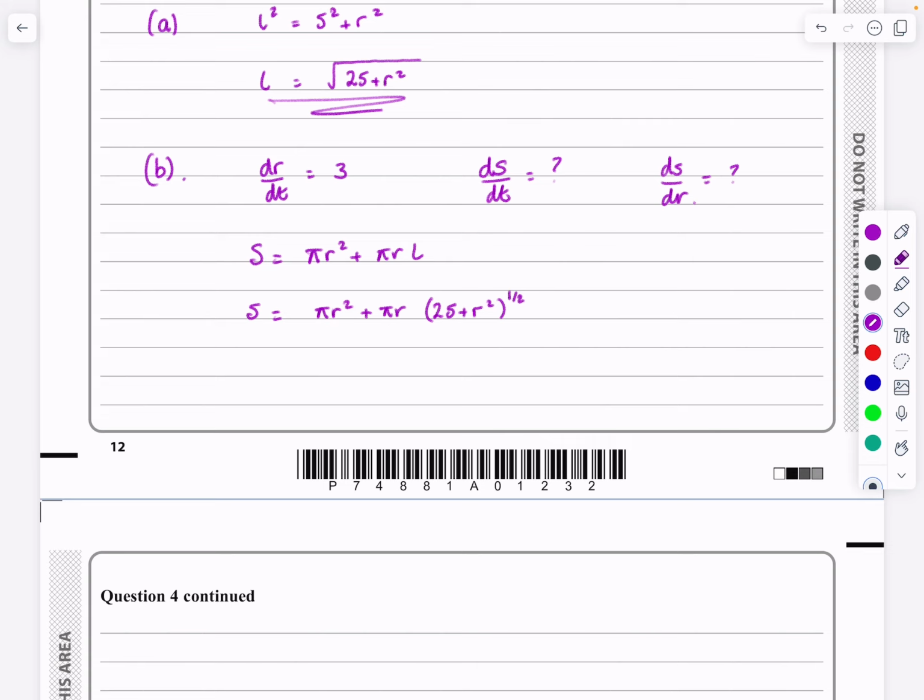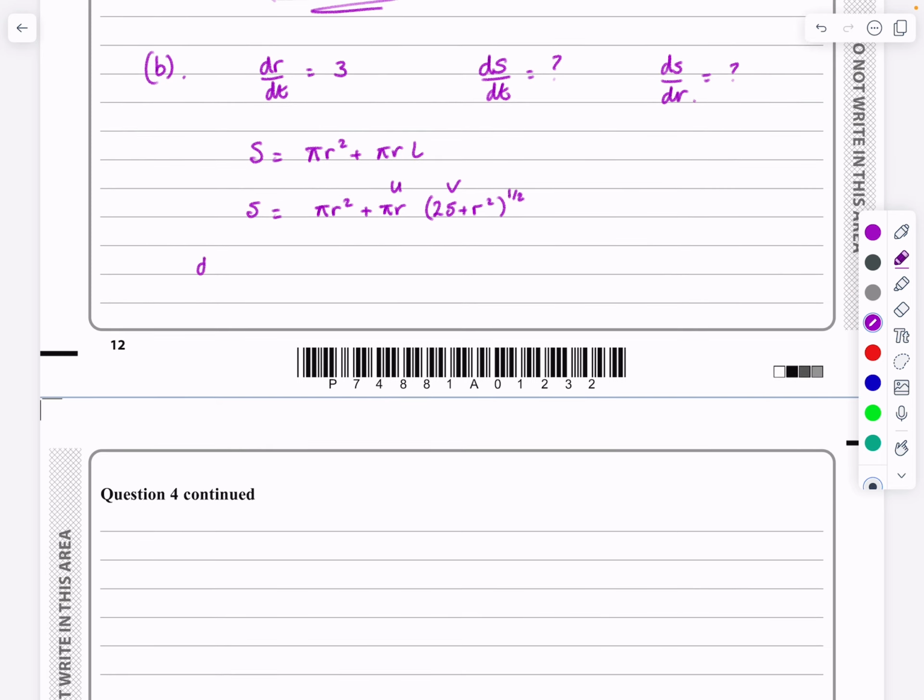Okay, so unusually within a rate of change question, the differentiation is actually going to take a little bit of time here. What I'm going to do with this part is call this a product and work out that one there. So remember, the differential of a product is equal to u dv by dx plus v du by dx.